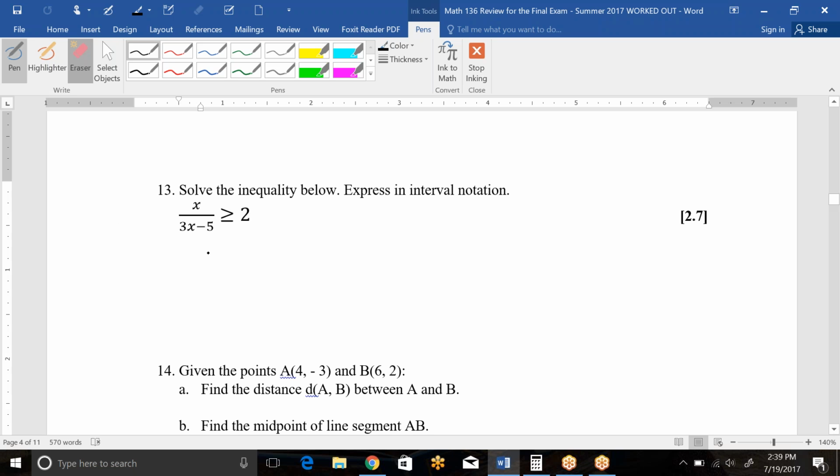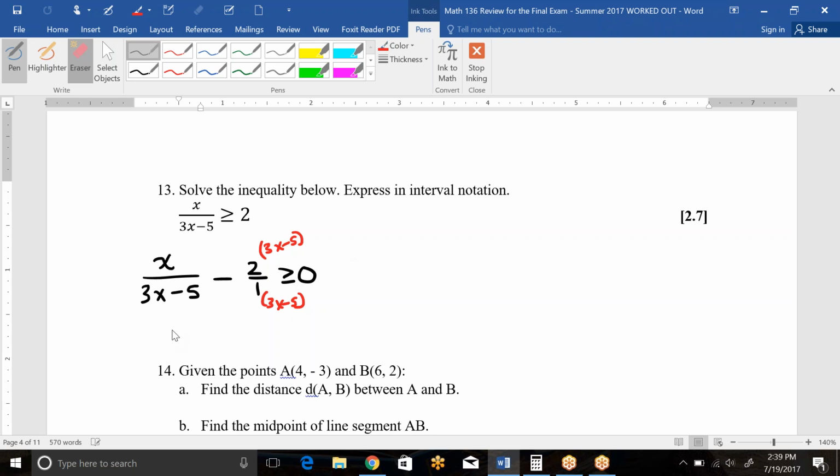So the best bet for solving this one is you actually want to move everything to one side and get it set greater than or equal to 0. So if I move over that positive 2, it'll be subtracted. And I go ahead and put it over 1 because I do see that I'm going to have to get a common denominator. I would multiply this one by 3x minus 5 on top and bottom to get the common denominator.